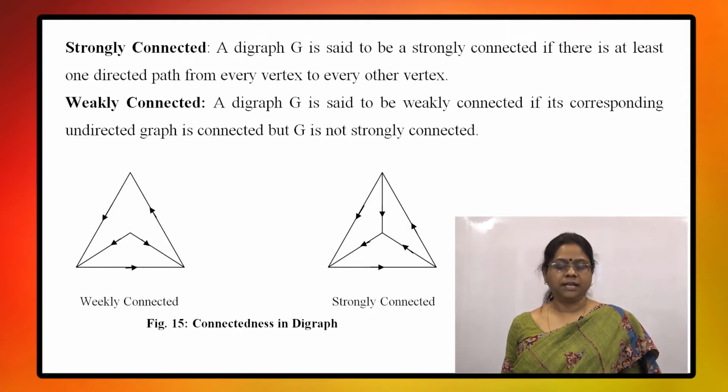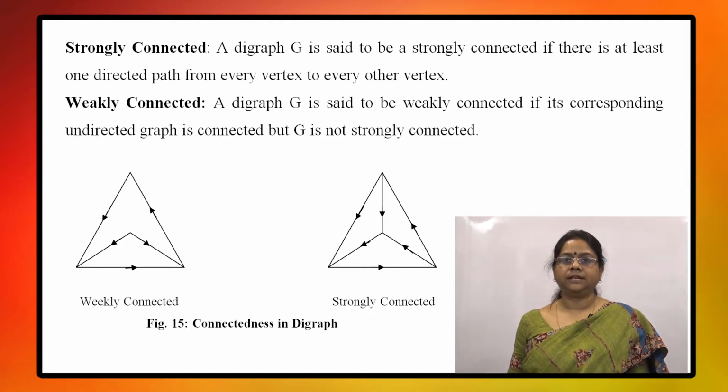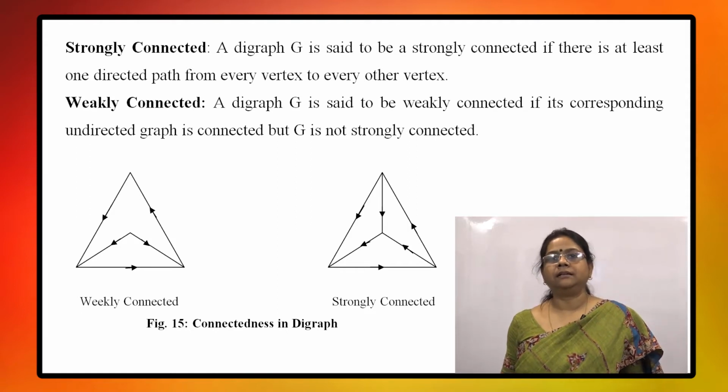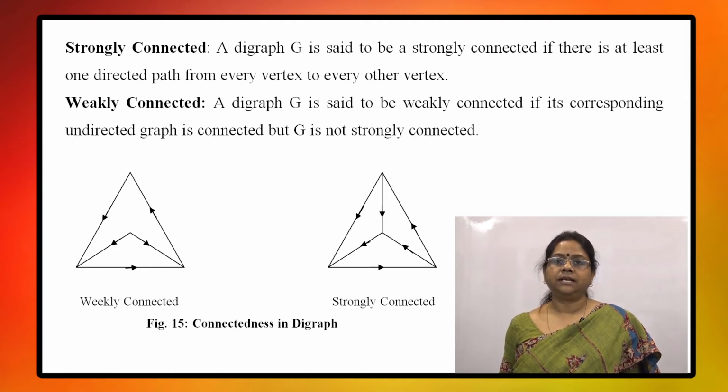So a strongly connected digraph is a digraph where there is at least one directed path from every vertex to every other vertex. So between any pair of vertices, there must be at least one directed path. Then only we can say a digraph is strongly connected. And if this is not the case, but its underlying graph is a connected graph, then obviously there must be some semi-paths between every pair of vertices, and then it is called a weakly connected graph.